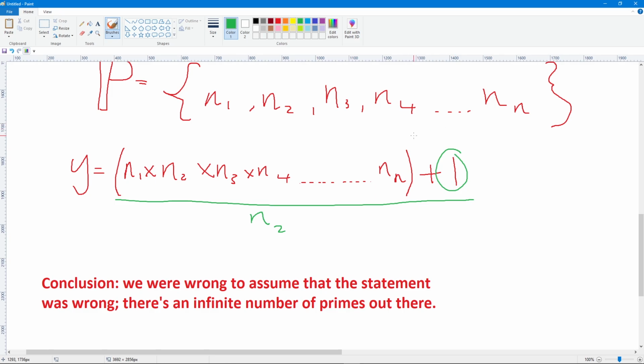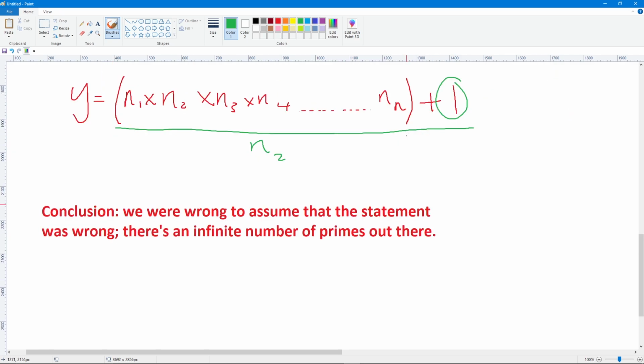Because if you imagine this happening, so what's y divided by n2? Well, that's just going to yield you n1 times n3, missing the n2, times n4, all the way to nn, plus 1 over n2.